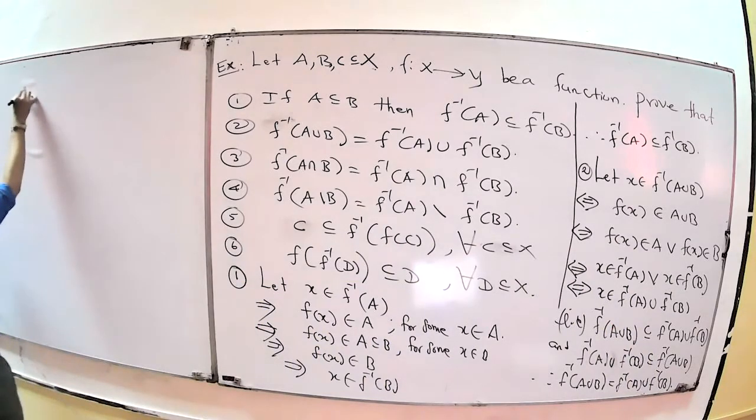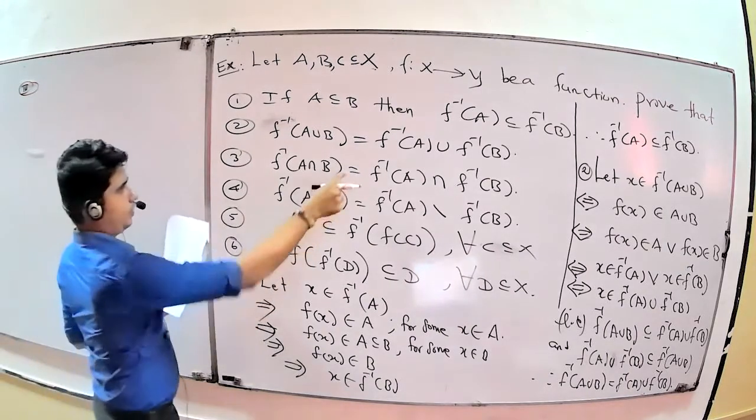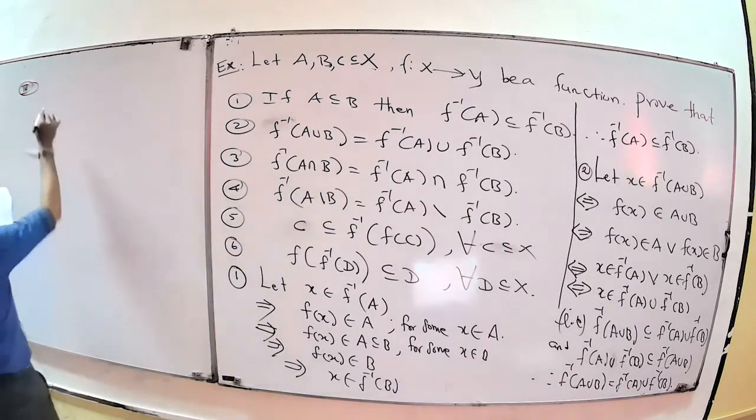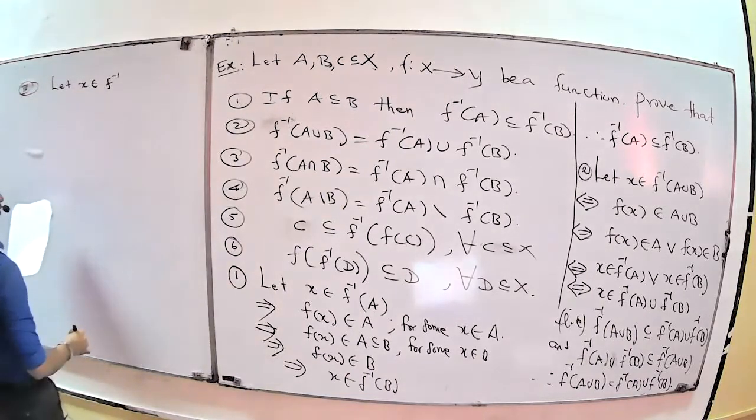Third part, also an equal sign. Let x belong to f inverse of (A intersection B).